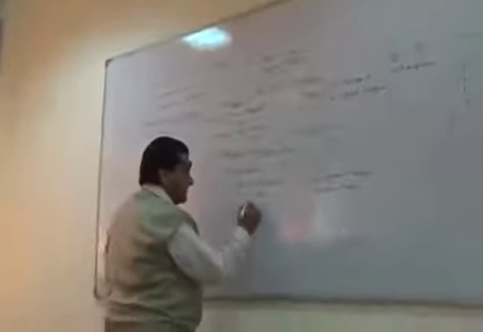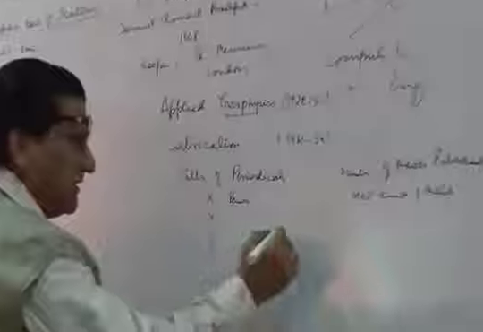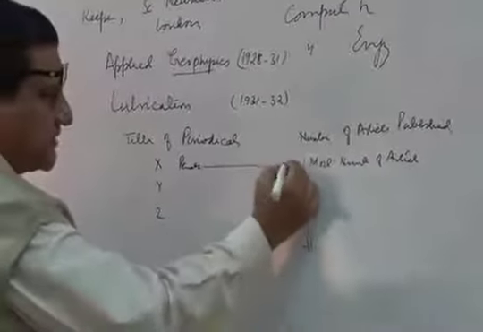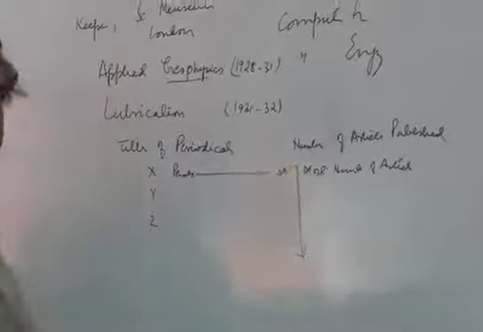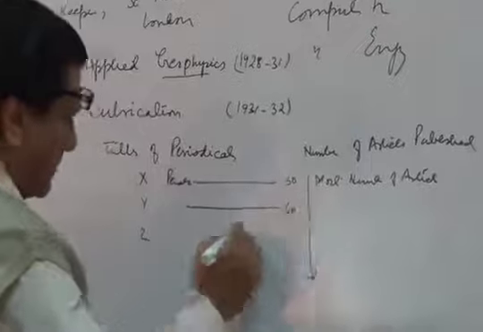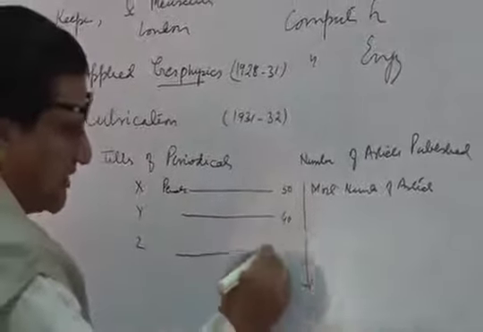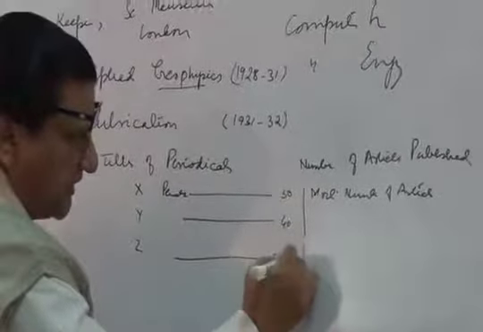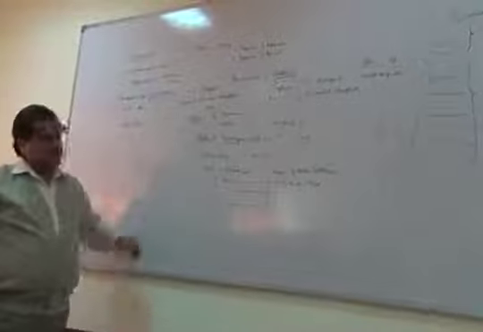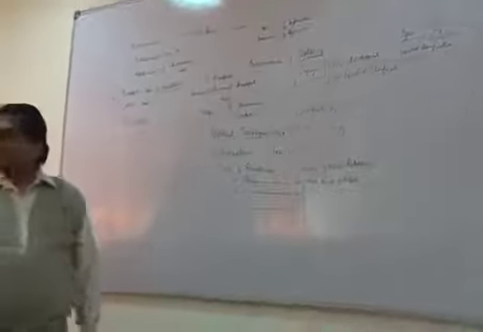And he arranged them in the order of decreasing productivity. If this title produced, say, 50 articles, maybe the Y periodical produced 40 and Z periodical, maybe it produced 20. So this is decreasing productivity.